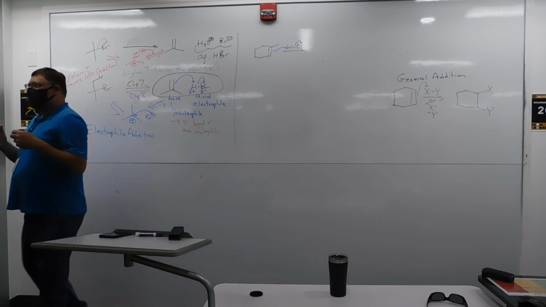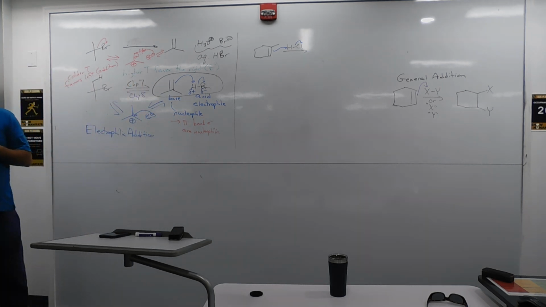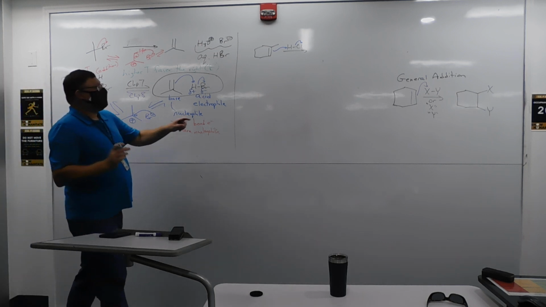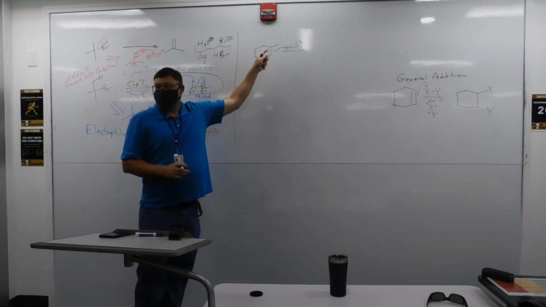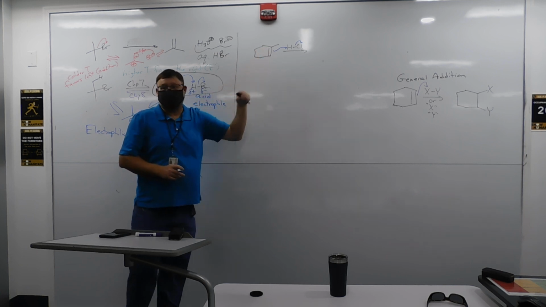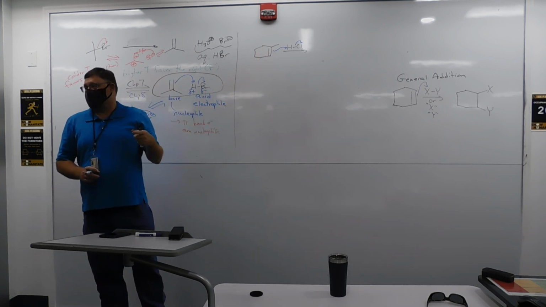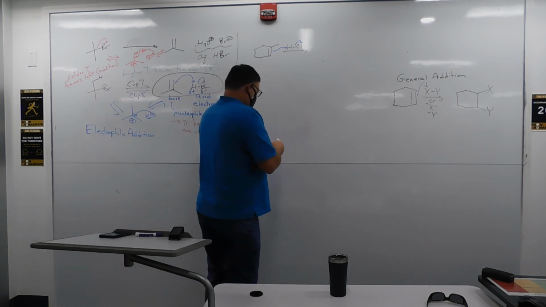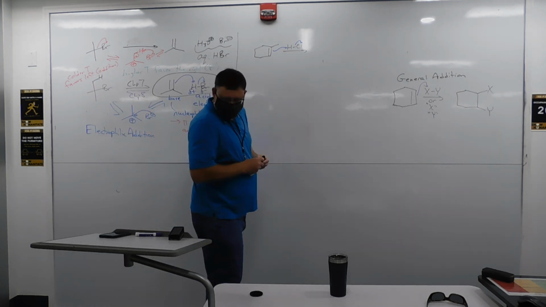But now the issue is the H can only have one bond, right? Hopefully everybody's got that. Hydrogen can have one bond. We're using electrons that are currently shared between two atoms. So that H is going to bond to one of the two atoms. The other atom is going to be a positive charge. So here we have two options.